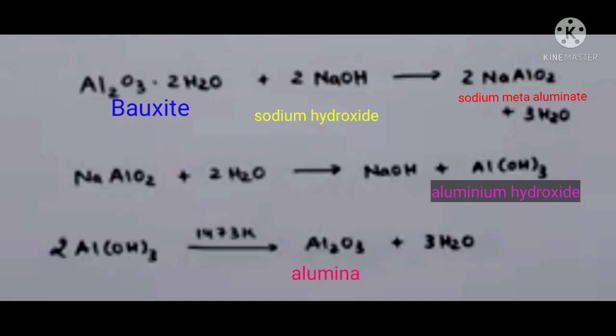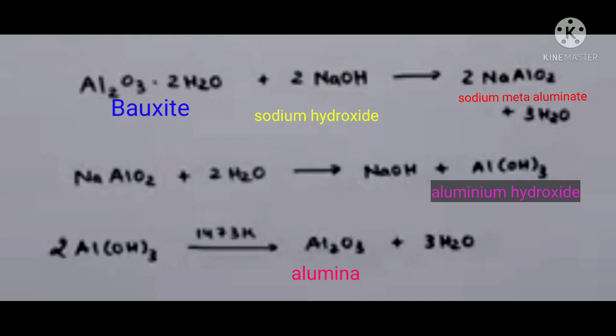Once again, the ore is treated with a leaching agent. Here the leaching agent is strong sodium hydroxide, so that the ore dissolves in the sodium hydroxide, forming a complex substance called sodium meta-aluminate.